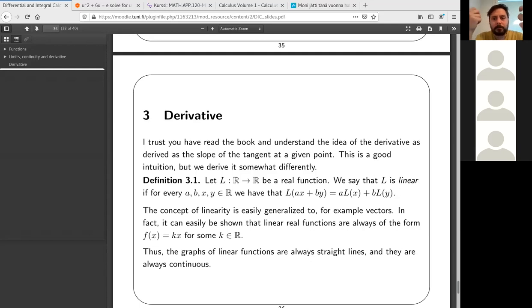So the abstract thought that I want to convey here, at the very core of it, is the concept of linearity.